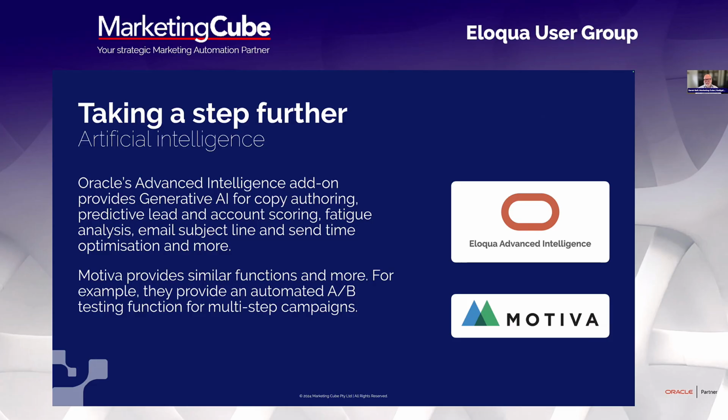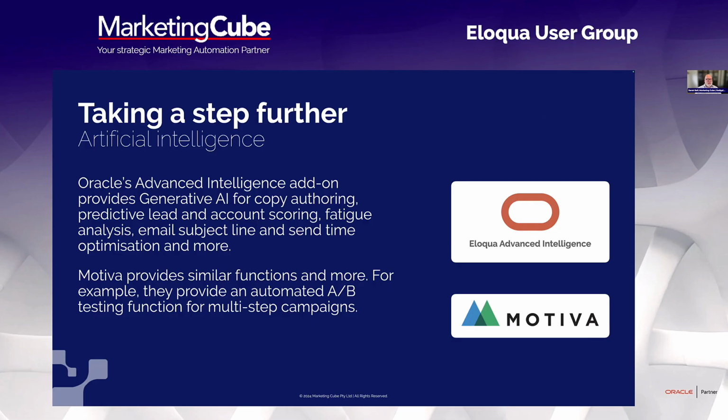Motiva are a friend of ours. They're based in the US, and they've been doing this actually for quite a while. Before Eloqua added their advanced intelligence, Motiva have been playing in this space for a number of years. They have some really cool things. We're going to explore more about Motiva in early next year.